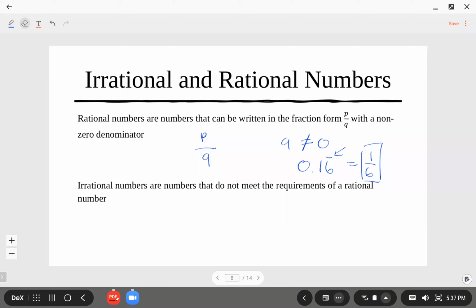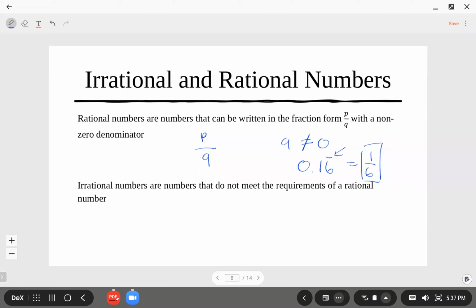Pi goes on forever in a random pattern, so you can't predict it. However, 0.16666 goes on forever with a 6, right? It's very predictable. 6 is predictable. So that is not a random pattern, as 6 is repeated.